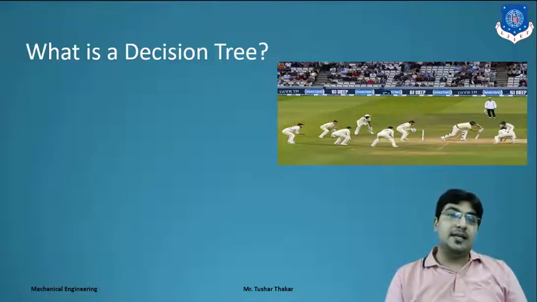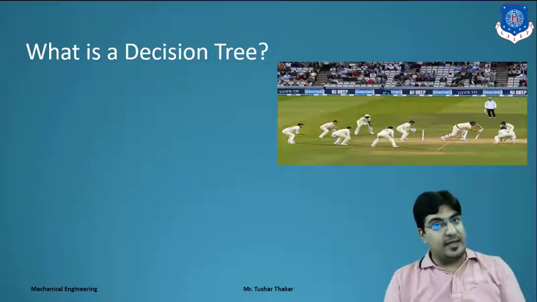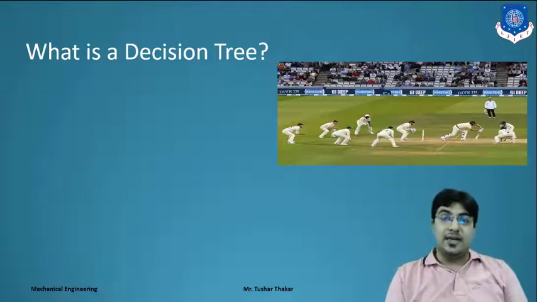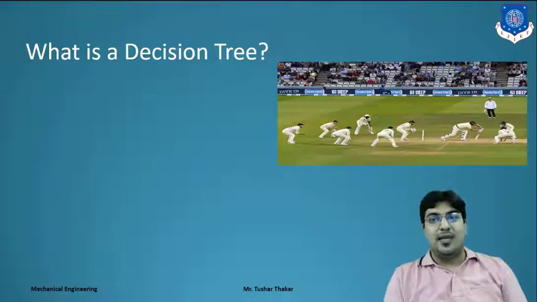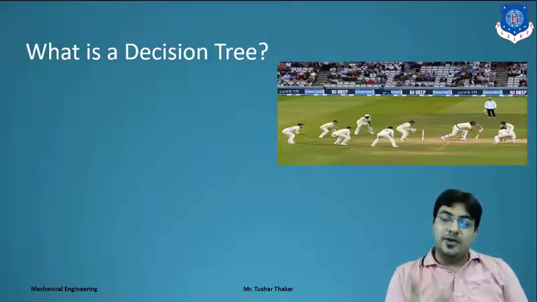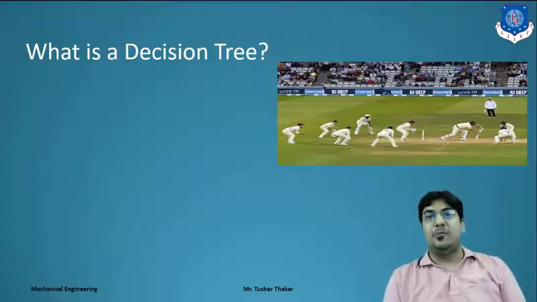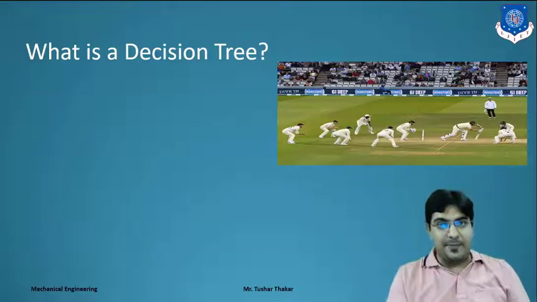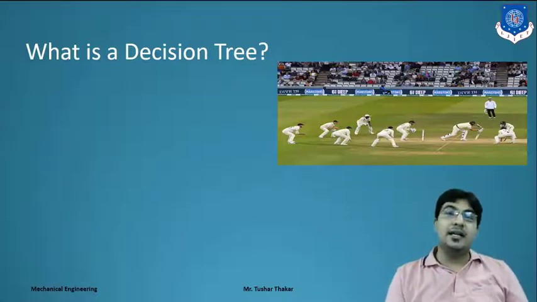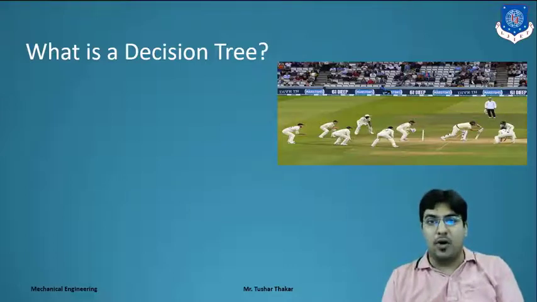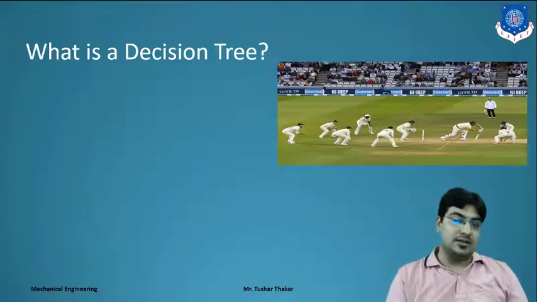Because for certain grounds, in the second inning you will find dew. Due to the dew you can't hold the ball perfectly. In bowling it sometimes slips, so you can't get perfect wickets or perfect bowling in the second inning, so you will lose the match.